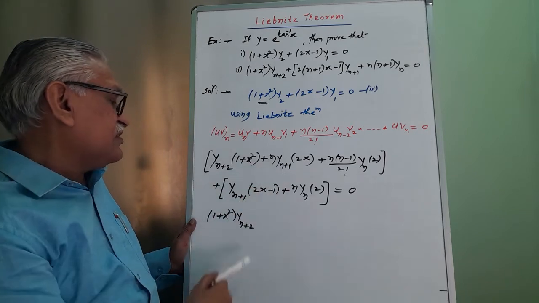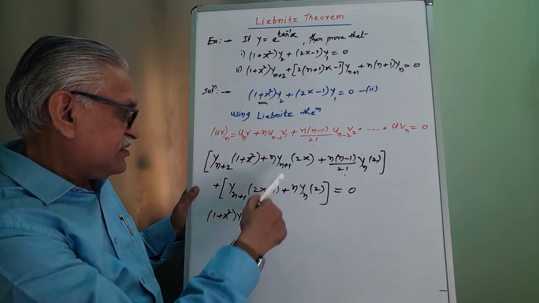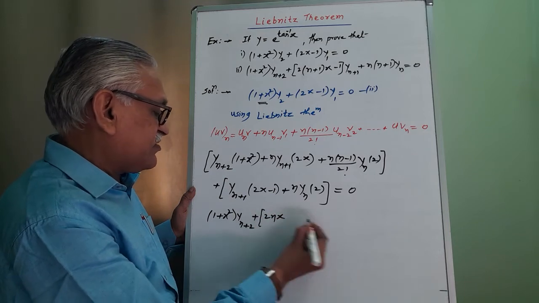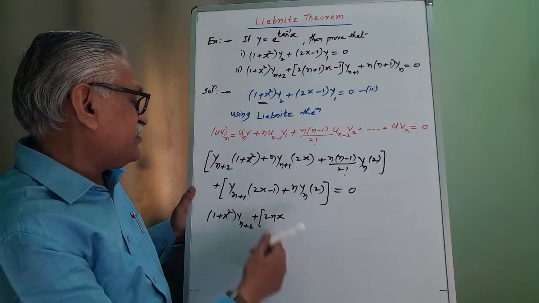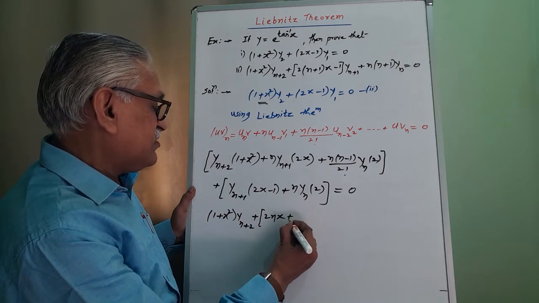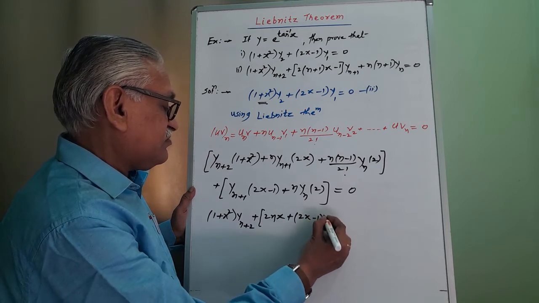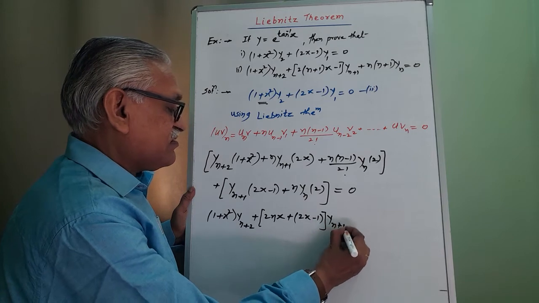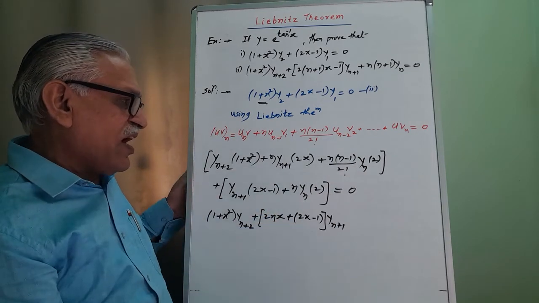Then the terms of yn plus 1: 2nx, plus 2x minus 1 into yn plus 1, and the terms of yn.